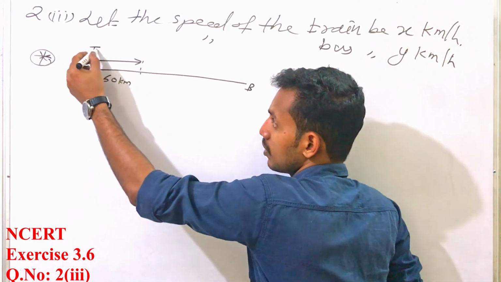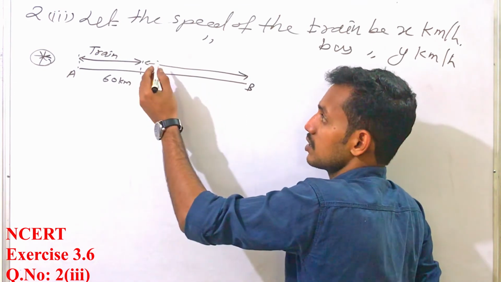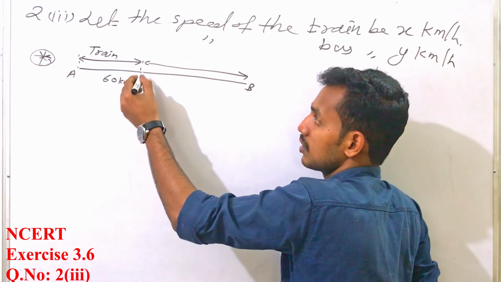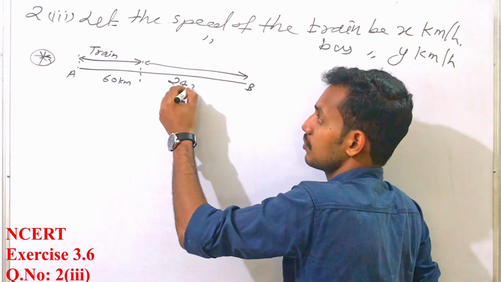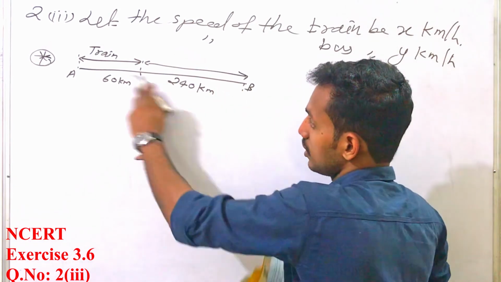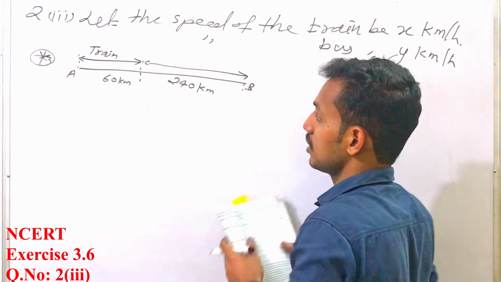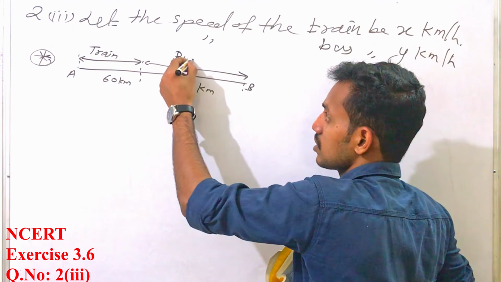So, if 60 km is traveled by train, then the remaining distance will be 240 km. Clear? Because together it is 300, so 300 minus 60 will be 240. That will be the distance traveled by the bus.